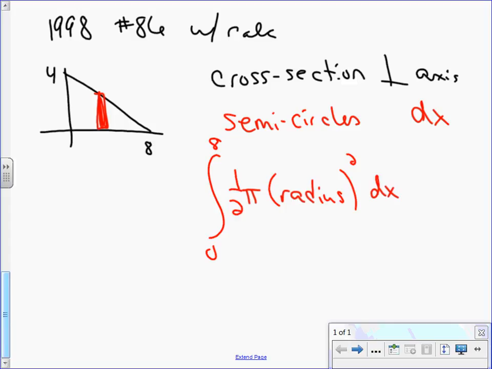So now we've got to figure out the radius of this semicircle. This is the part that we did at the end of class the other day, so I'm going to do it again. This is the bottom. This is something sitting down. I can't make a triangle out of this. It's sitting down on the floor, like this. And then the shape pops up from it.